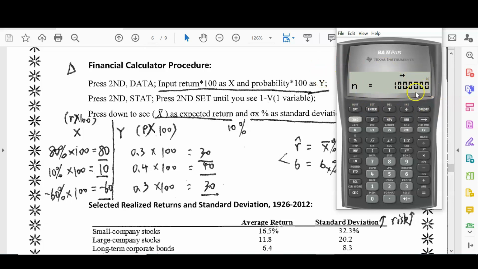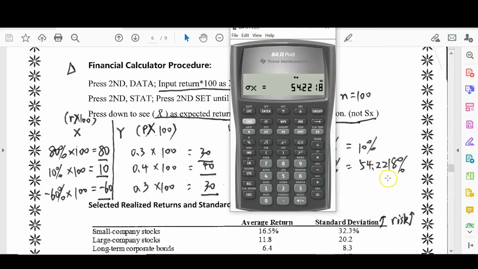Otherwise, you need to double check your inputs in data. And then press down button, we see x bar is 10. So we know the expected return is 10%. Down button, Sx, not what we're looking for. So skip it. Down button. Sigma x, we see 54.2218. Add back the percentage sign. That's going to be our standard deviation.